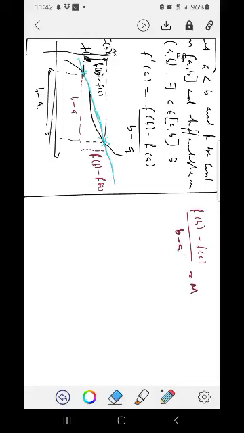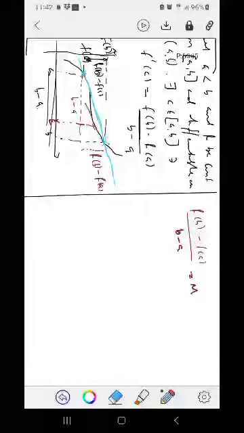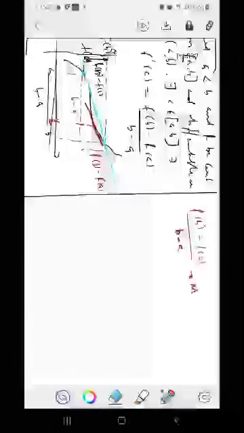Now, what the mean value theorem is saying is that if you have a situation like this, then there will be a point c, let's call this place c along the curve, such that when you trace it up, the tangent that you can obtain from it is going to be parallel to the line that you just drew. If it is parallel, it means that it's going to have the same derivative.